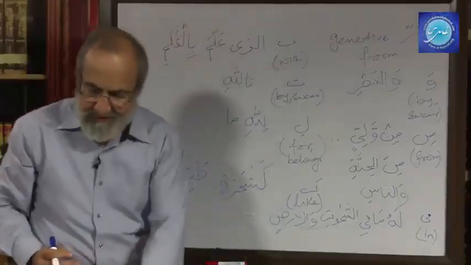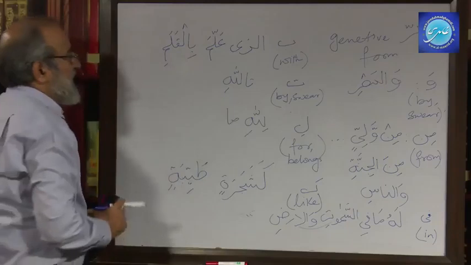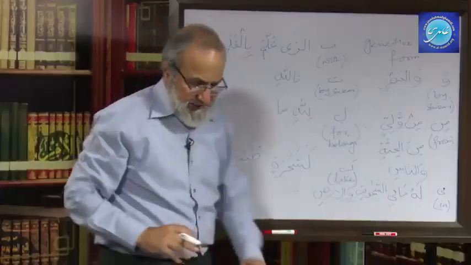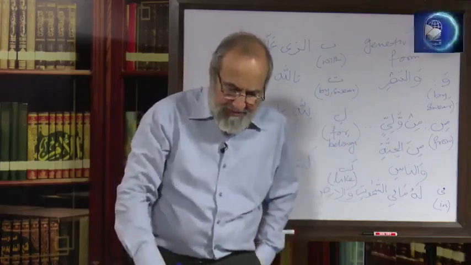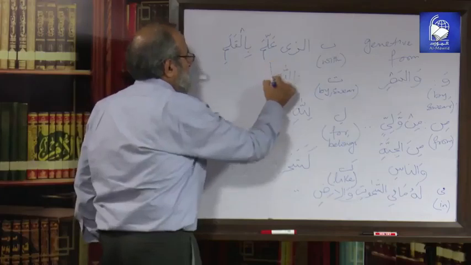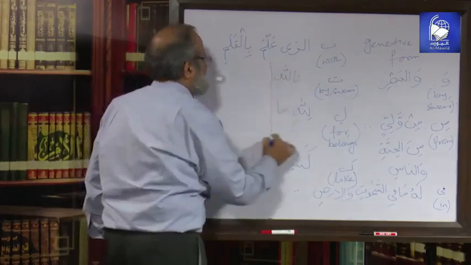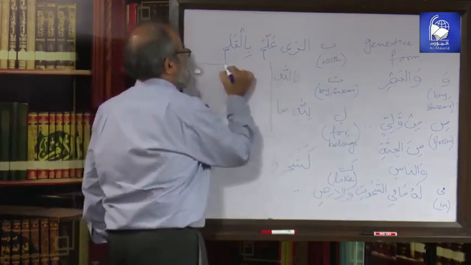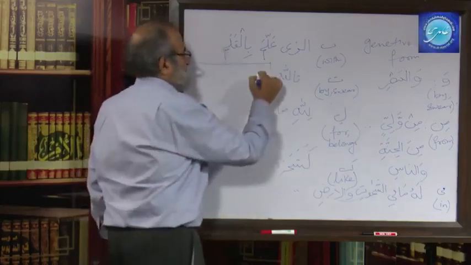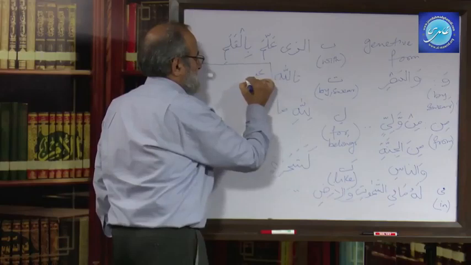So there are a number of reasons why this jar would appear. Let me try to squeeze in the ones that are left. I'm always poor at planning the board and the space. An.